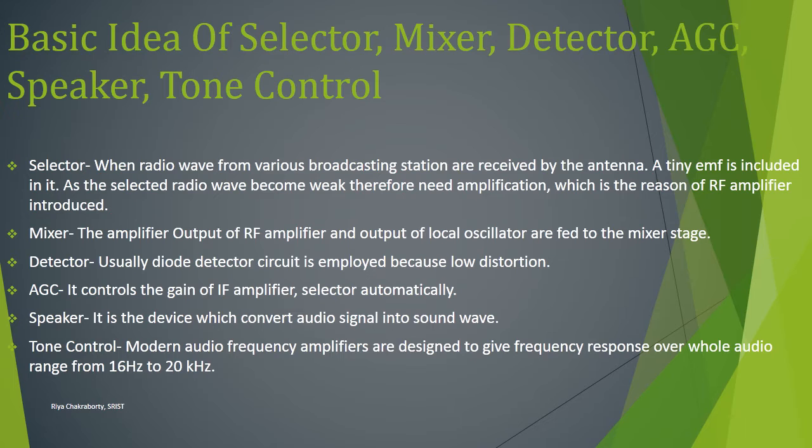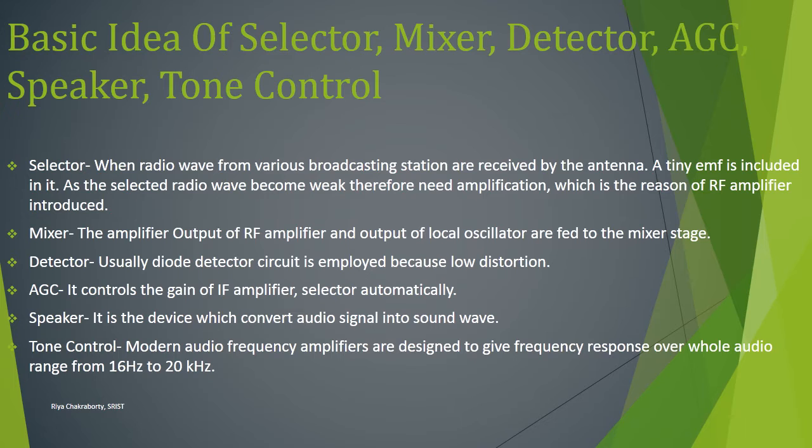The output of the RF amplifier and the output of the local oscillator are fed to the mixer stage. These two frequencies beat together and produce an intermediate frequency. As we see in the previous diagram, the IF is the difference between the oscillator frequency and the selected radio frequency.